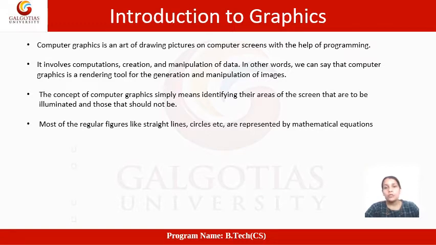Graphics include the collection of images and images which are created using pixels. The concept of computer graphics simply means identifying the areas of the screen that are to be illuminated and those that should not be.